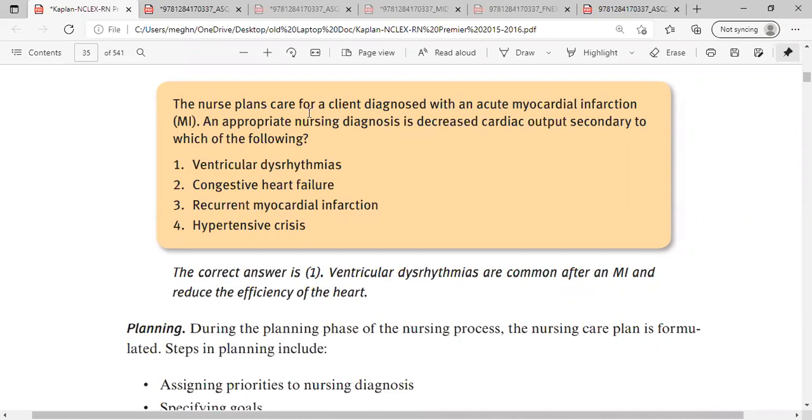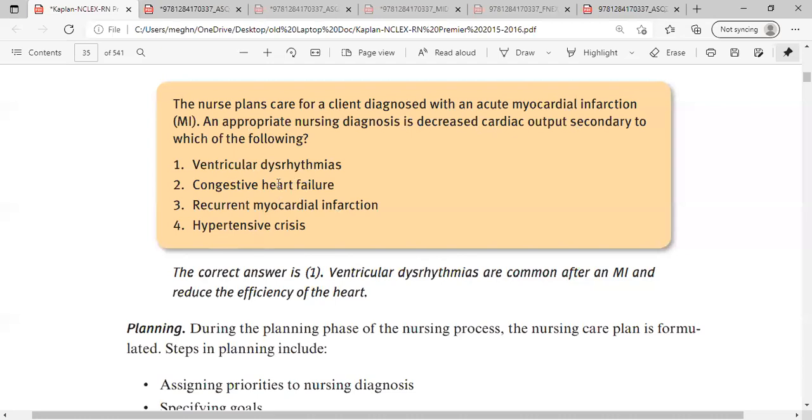So your patient was diagnosed already, a known case of MI, acute myocardial infarction. The options are: ventricular dysfunction, congestive heart failure, recurrent myocardial infarction, and hypertensive crisis.